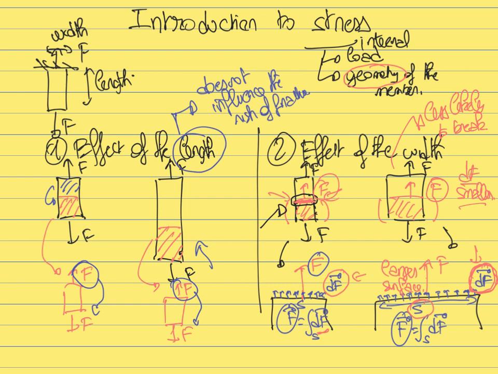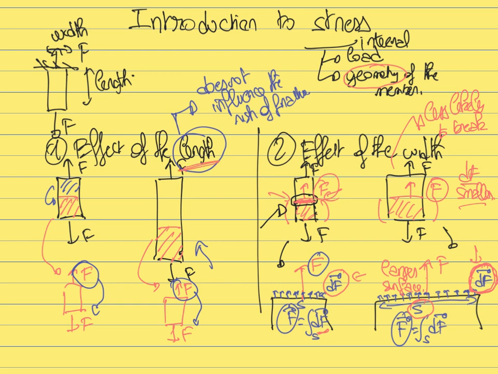On the other hand, if this load is applied to a larger surface, then at each point of this surface, the intensity of the load becomes smaller, and there is going to be, in this case, a lower risk of fracture. So when it comes to estimating the risk of fracture of a member, the load matters, but also the geometry of the member matters, but not any geometrical features. The longitudinal length of the member does not matter.